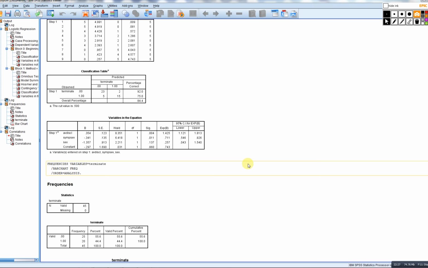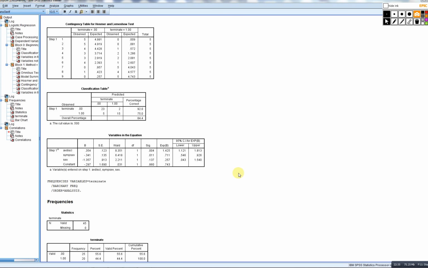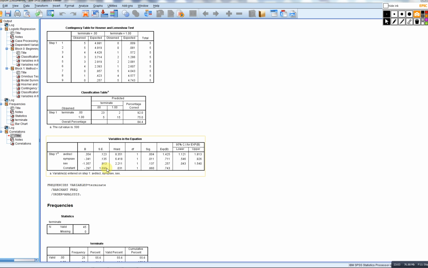So looking beyond just the global fit of the model, we can also look at the individual predictors and determine which seem to be doing most of the work in terms of helping us with our classification accuracy and our overall model fit. These are the regression coefficients, and they're interpreted as a change in log odds, or logits, for every 1 unit increase on the predictor variables. We can actually convert logits into probabilities.